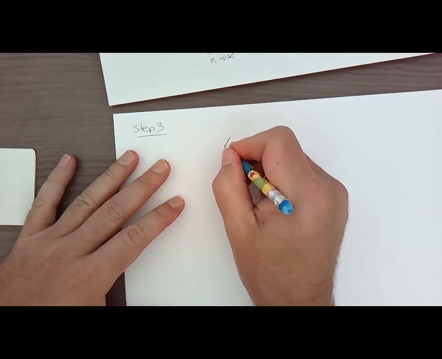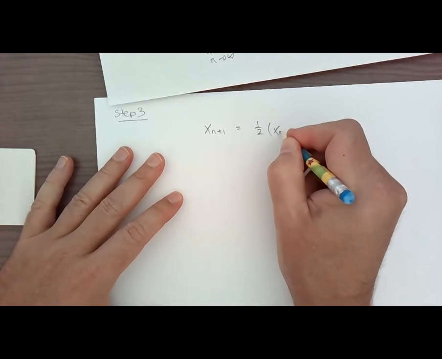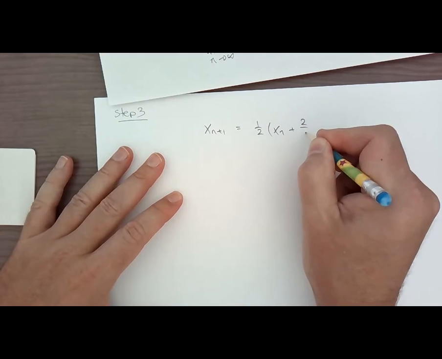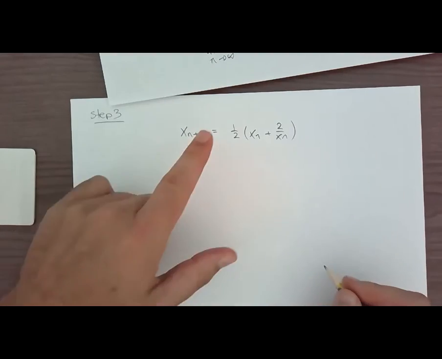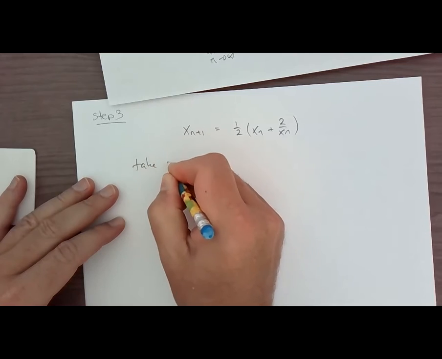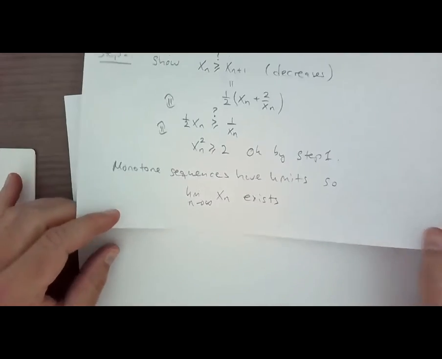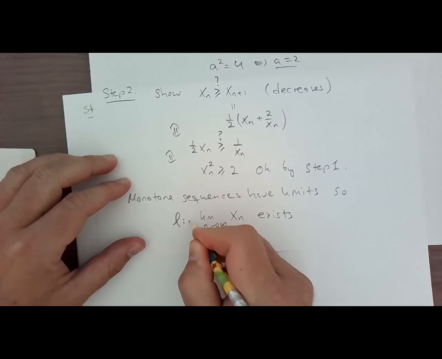What the recursion says is that xn plus 1 is equal to 1/2 times xn plus 2 over xn. So now we know that xn converges. So we just take limits. And I should call this limit something, let me call it L.